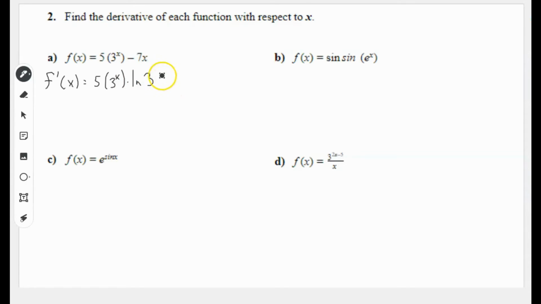And then you would also multiply by the derivative of that exponent. Derivative of x is just 1, so we don't really need to write that down. And then minus the derivative of 7x is just 7. Okay, so that just gives you 5 times the ln of 3. That's our coefficient in front. Times by 3 to the power of x minus 7.